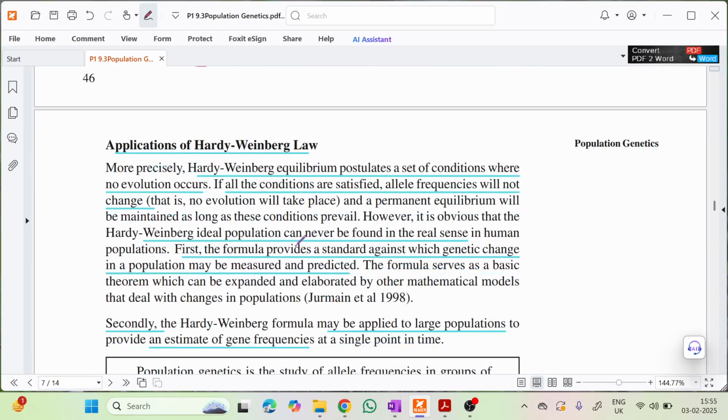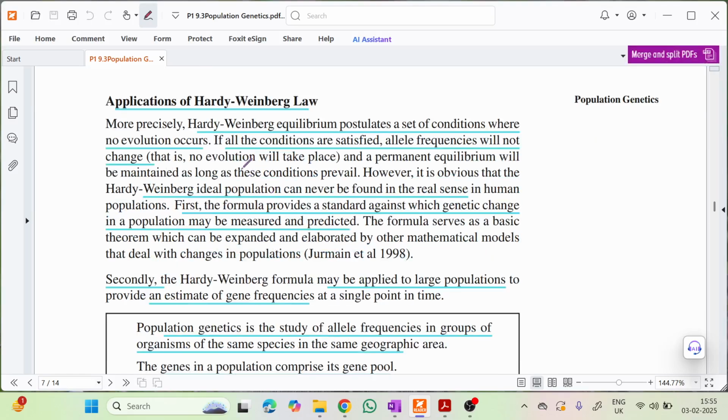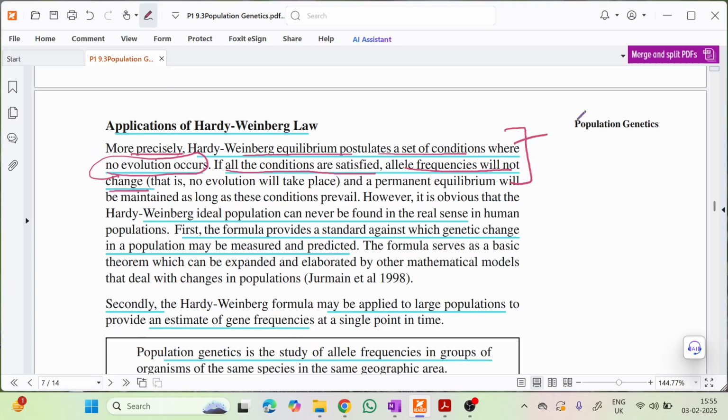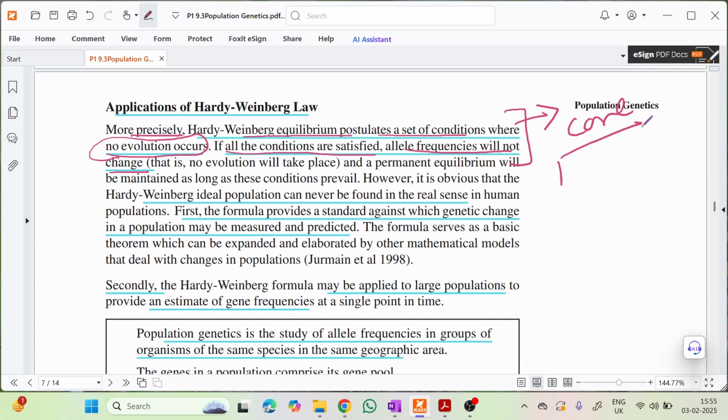And now let's have a look at the applications of Hardy-Weinberg law. So precisely, Hardy-Weinberg equilibrium, it postulates a set of conditions where no evolution occurs. So if all the conditions are satisfied, allele frequency will not change. And I have given you, you can say, a general but core answer that in nature there are two forces operating that govern the evolutionary dynamic.